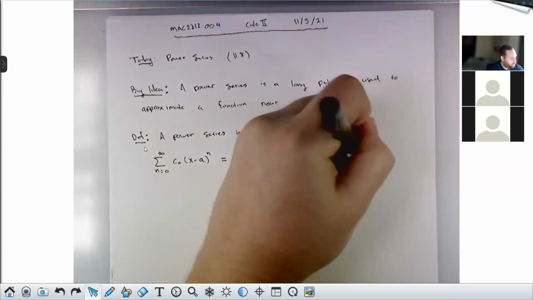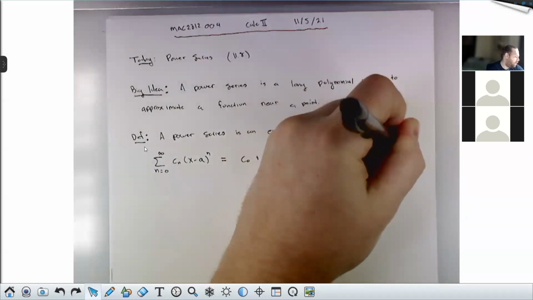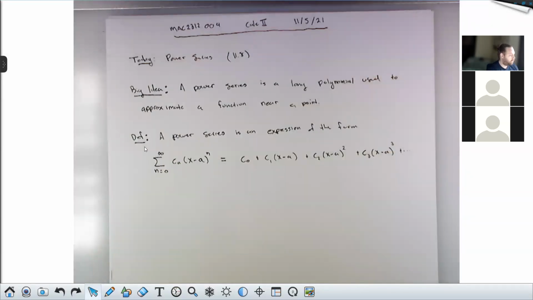Then C3 times (x minus a) cubed. And of course, the series goes on and on forever. We write that with the dot dot dots. So these numbers, C0, C1, C2, C3, these are called the coefficients of the series. This sequence, Cn, is called the sequence of coefficients.